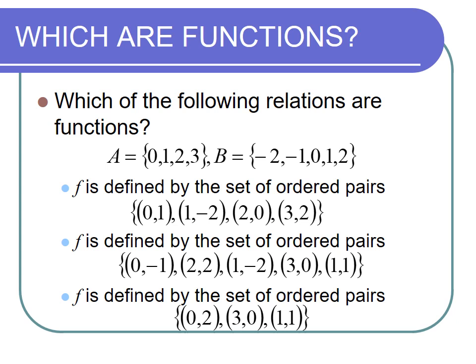The second blue dot is not good, because 1 is going to 2 places. 1 is going to -2, but 1 is also going to 1. And the third one is not a function, or at least not a function on A, because we didn't send 2 anywhere. So its domain is not A.